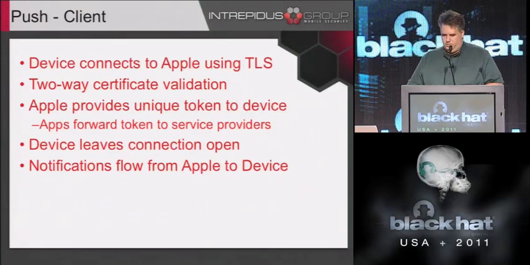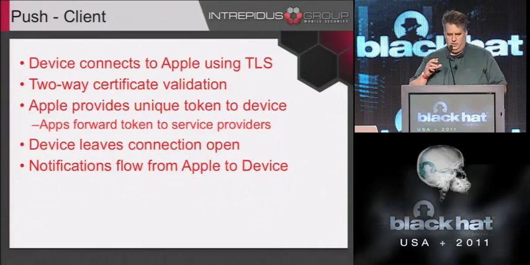So to talk about the push protocol, this was actually the first thing we started looking into, and it's kind of interesting the way that they've got it. When the device powers up, it finds some internet, says, okay, I'm connected, I can do things. It makes a connection out to Apple, using TLS, with certificate validation at both ends.